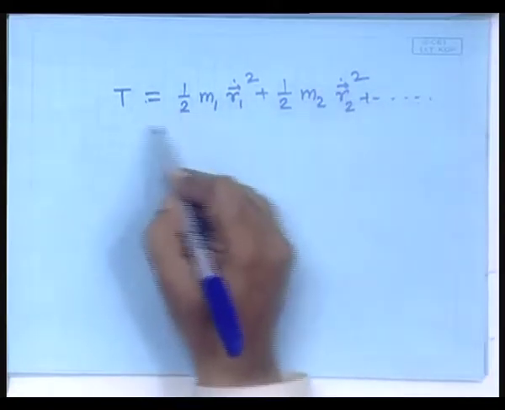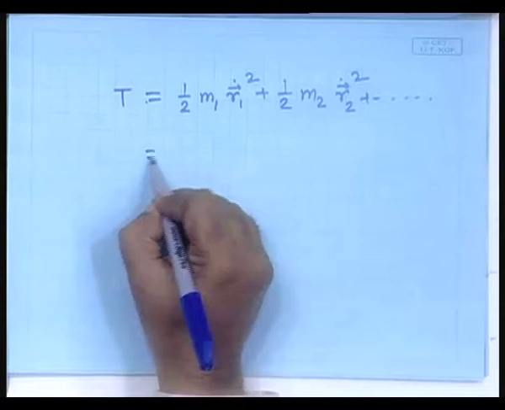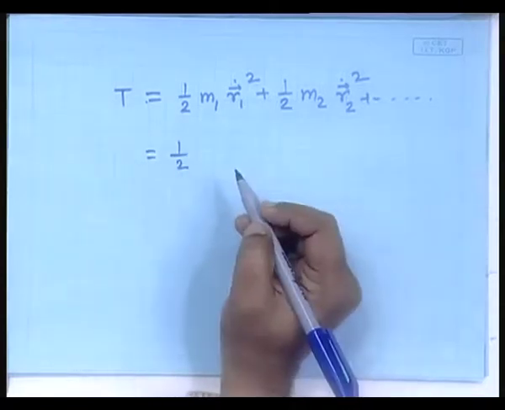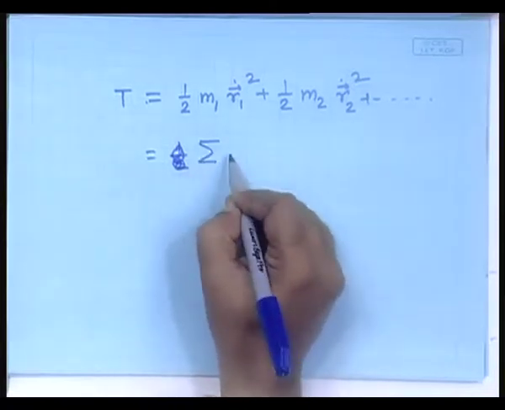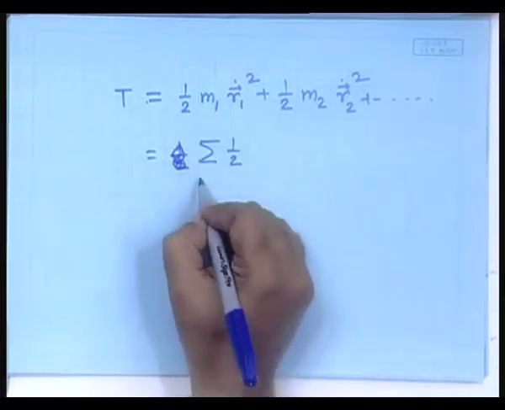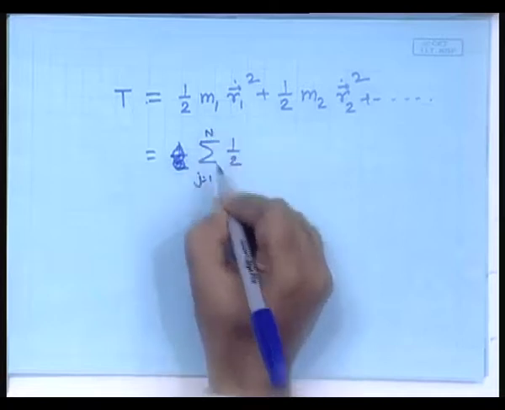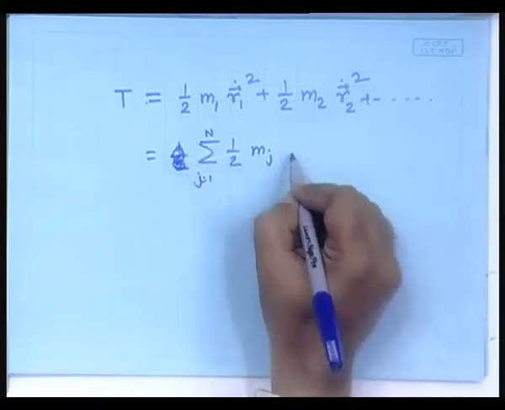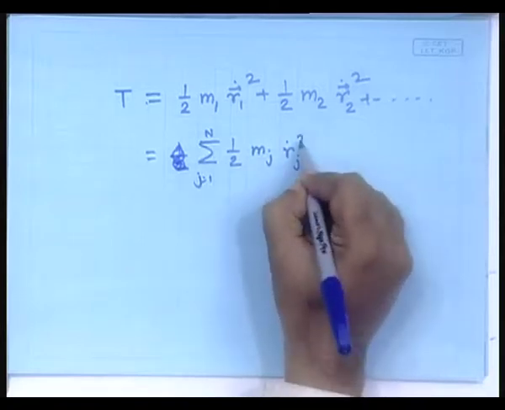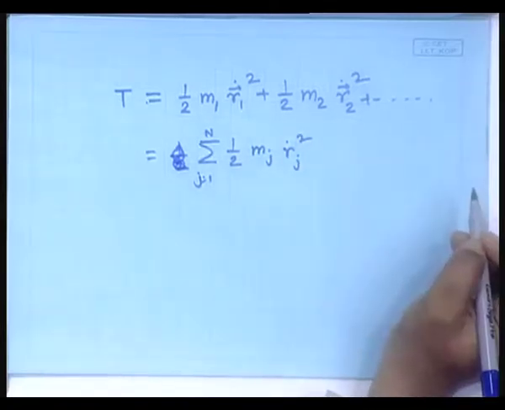So, that is the total kinetic energy. I will keep the summation outside: half, this is summed over j is equal to 1 to n number of bodies, half m j r dot j square, fine.